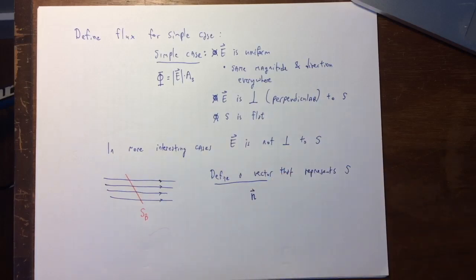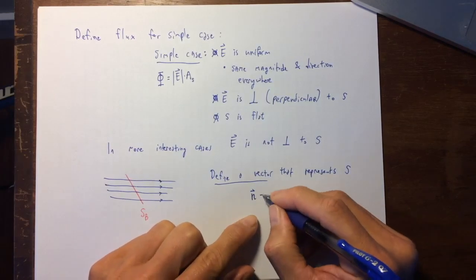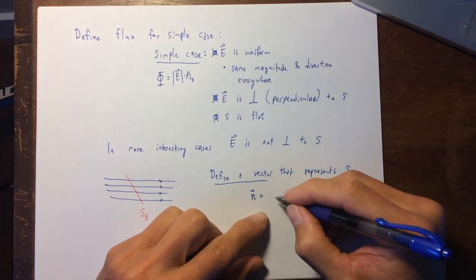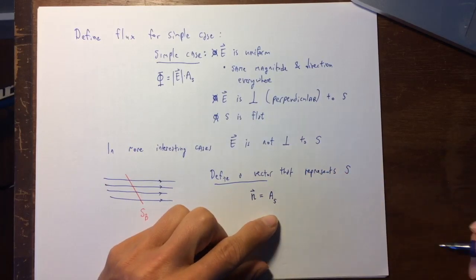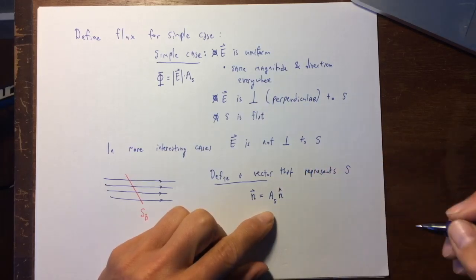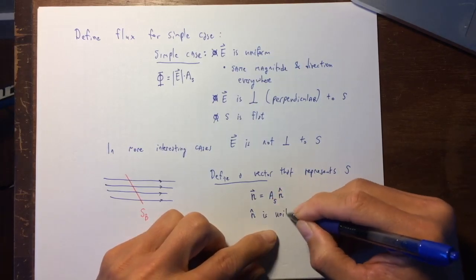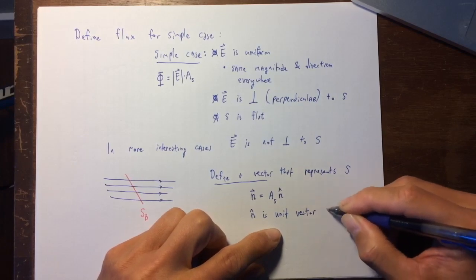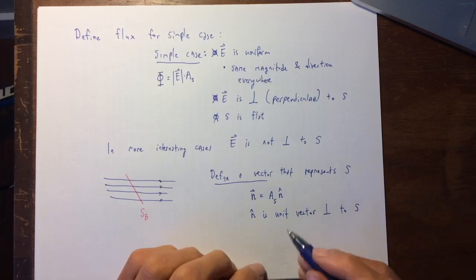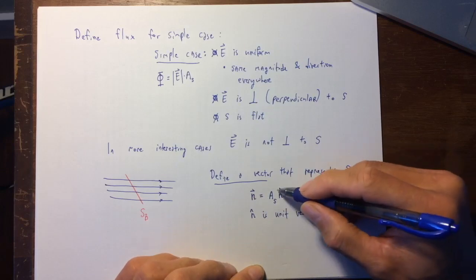It's not necessarily a unit vector, but it is a vector, and it is equal to the area of the surface S multiplying a unit vector n hat, where n hat is a unit vector perpendicular to the surface S. So it's got the area of S, but the direction of the vector is n hat.